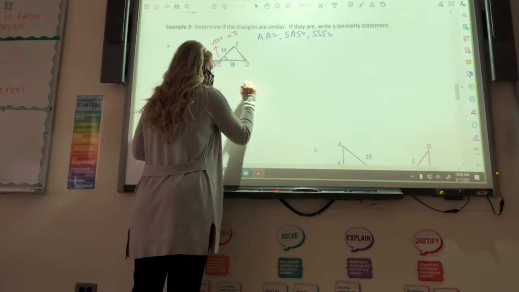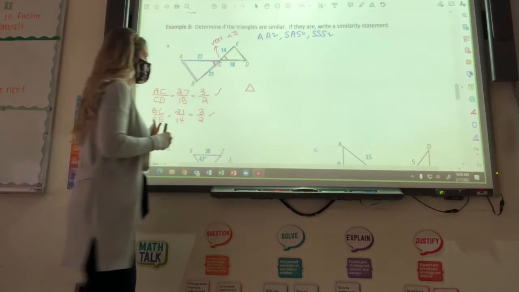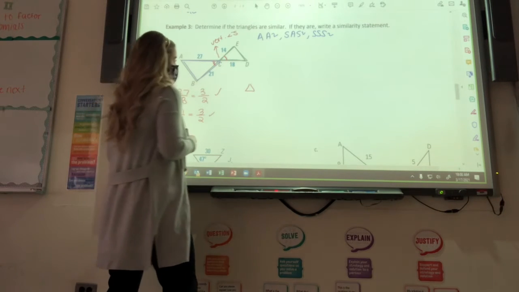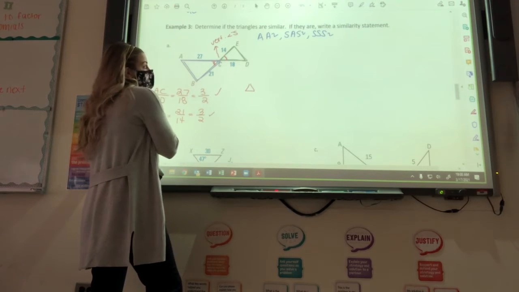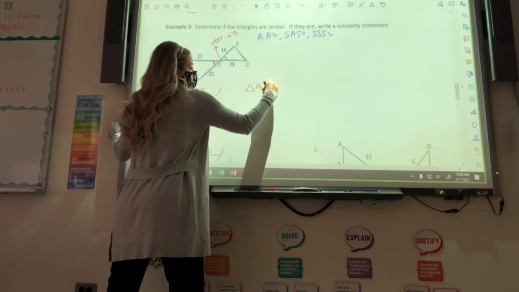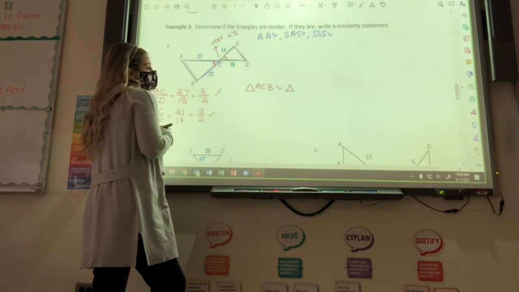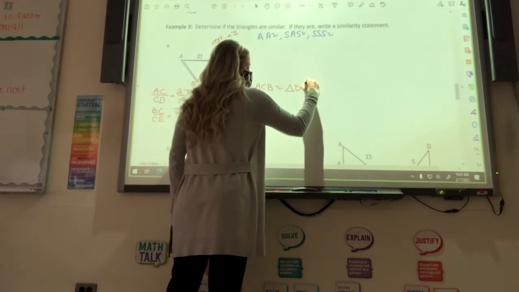So, who wants to try the similarity statement? Guillermo. You can name the first triangle any way you want. ACB. Okay. Now this is where order matters. And the other one, I want DCB.